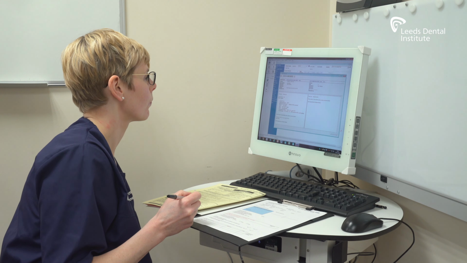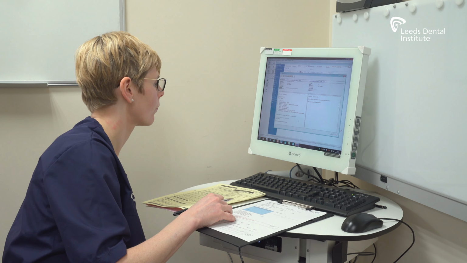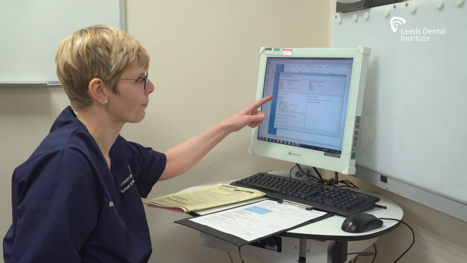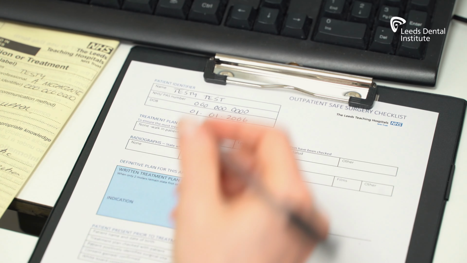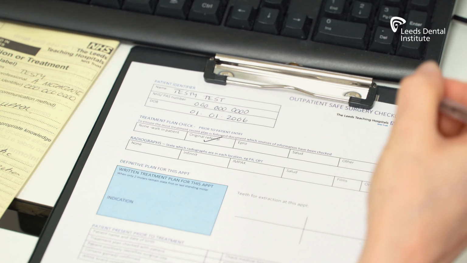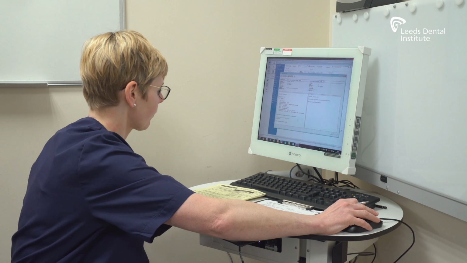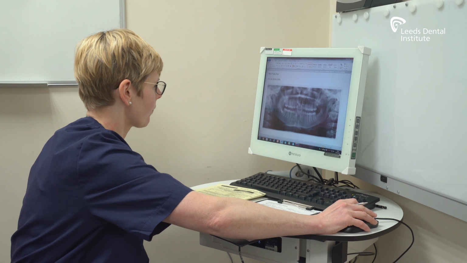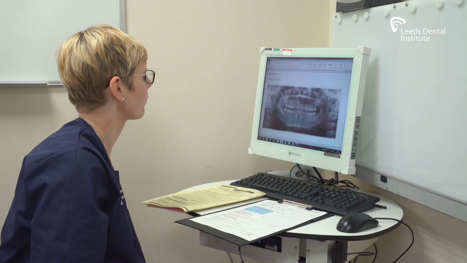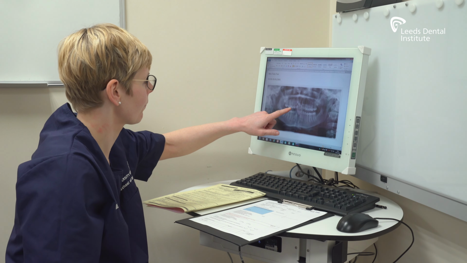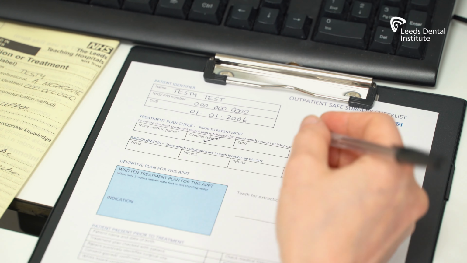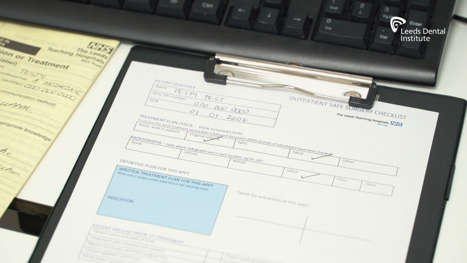She is then checking the treatment plan, cross-referencing the original referral and the electronic patient record. Where appropriate, radiographs are reviewed and a note is made on the form recording the location of the images. In this case, a good quality scanned radiograph was found on the original referral letter on Salud.